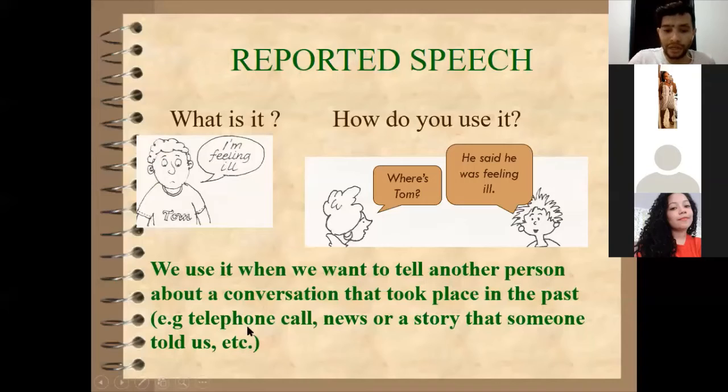Maybe a telephone conversation, maybe something that happened on the television, like on the news, something that happened in the world, maybe a story, or maybe something that happened to our neighbor, or to my girlfriend, or to your boyfriend, or to your husband, or to whatever, right? Anything. There might be so many possibilities.